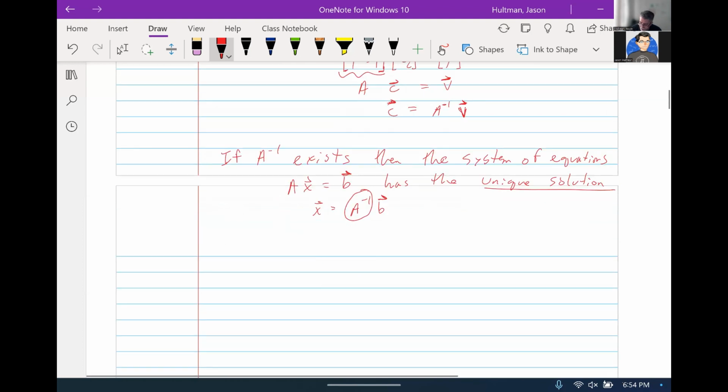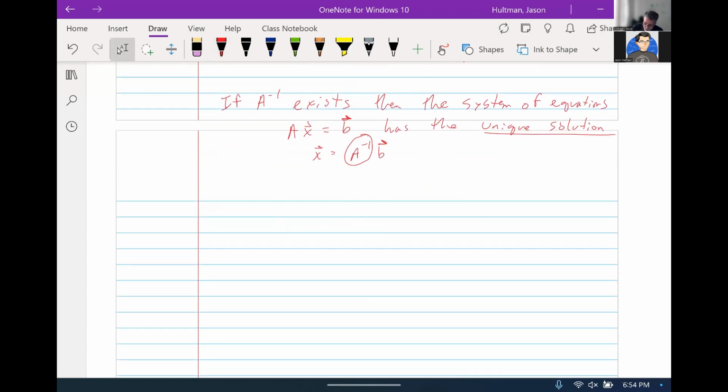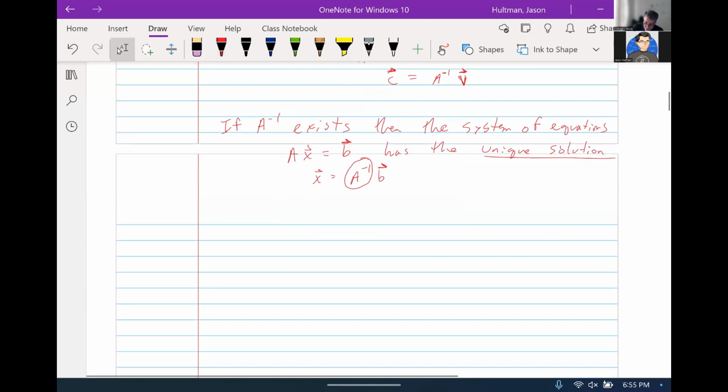One of the things we saw in chapter 3 with our determinants was, let me make sure I get this verbatim correctly, properties of determinants.